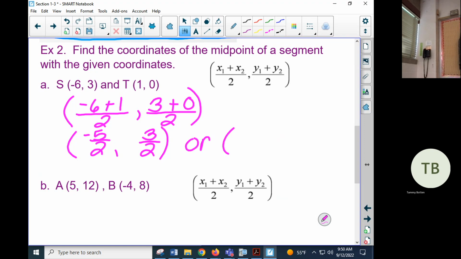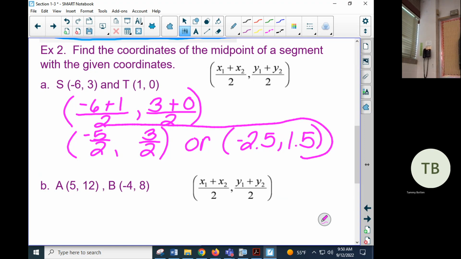Or if you did it on your calculator, they would give you a decimal, which is okay. -5 over 2 is -2.5, and 3 over 2 is 1.5. So those are fine. You also could have written this as -2.5, 1.5.